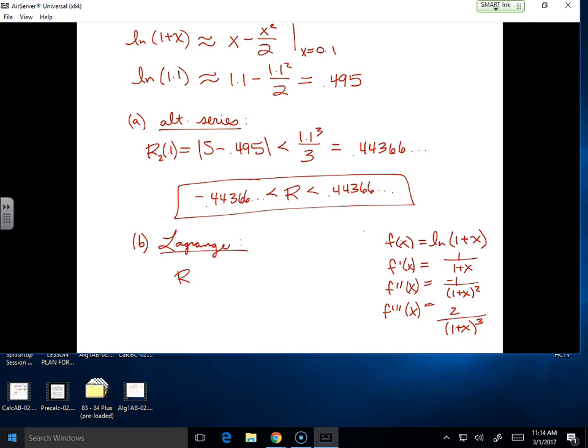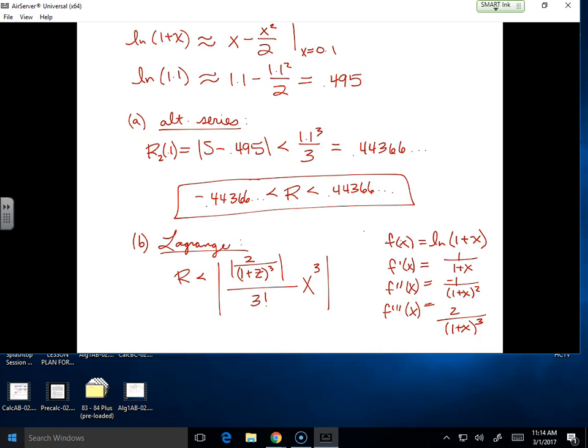Let me just use r. R is going to be less than the absolute value of, technically the absolute value of 2 over 1 plus z cubed, all over 3 factorial times x cubed.